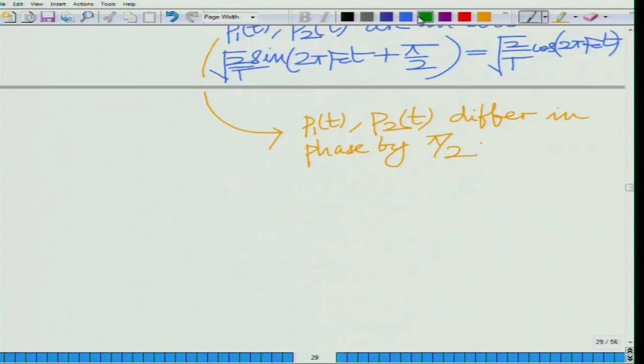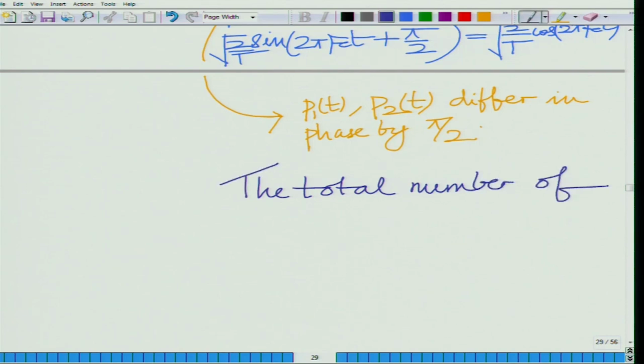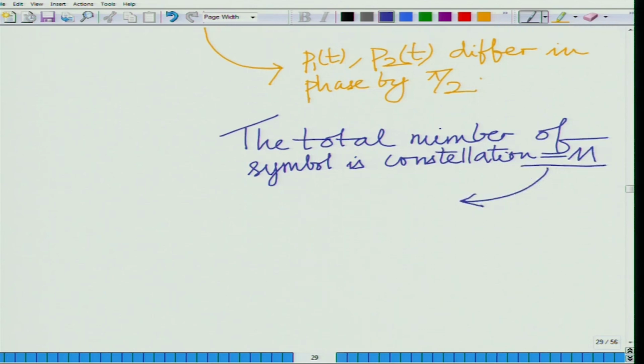Now let the total number of symbols in the QAM be M. So this is an M-ary QAM, and the total number of symbols in this constellation is equal to M. That is the reason it is known as M-ary QAM.